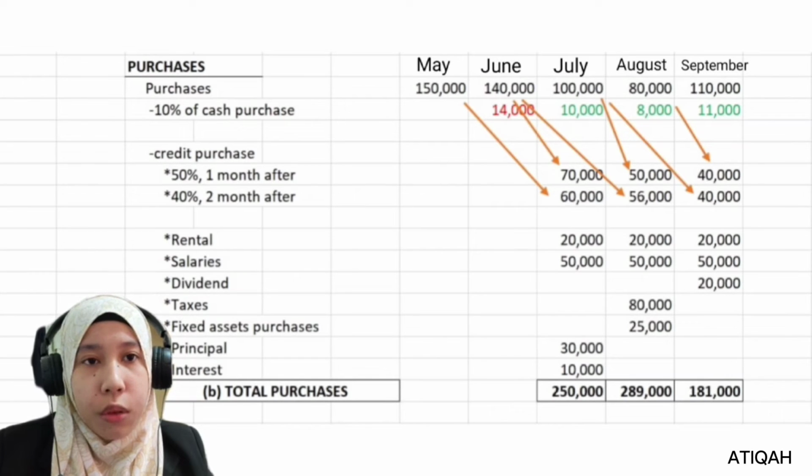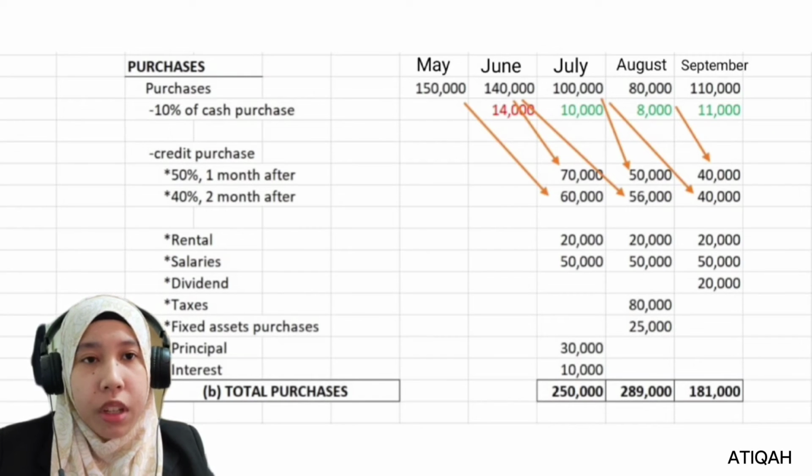Dividends of 20,000 ringgit will be paid in September. Taxes of 80,000 ringgit will be paid in August, and fixed asset purchases of 25,000 ringgit will also be paid in August. Meanwhile, principal and interest payments of 30,000 ringgit and 10,000 ringgit will be paid in July respectively.